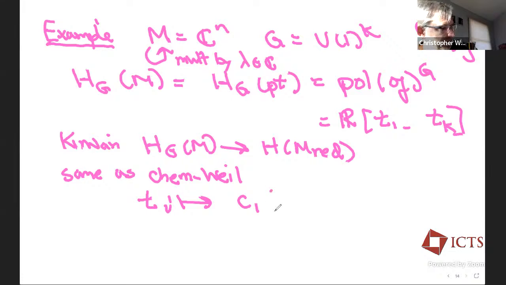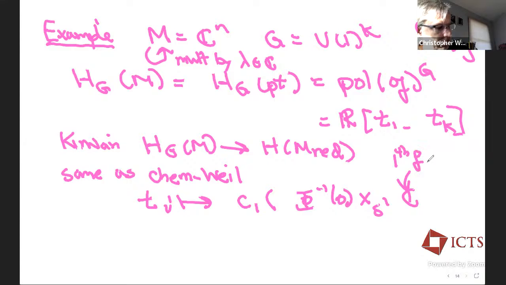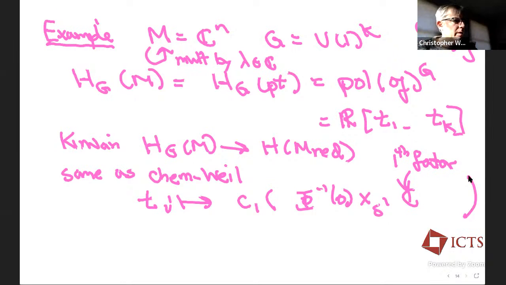So that means that the first Chern class of the line bundle, which is given by, I just take the ith factor, not S1, excuse me. This is a G acting.